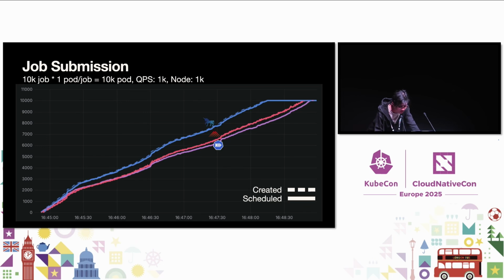I think it is related to the limit of the webhook QPS for the job, but we haven't found a way to adjust the webhook QPS for Kueue and Volcano. If you look at the time difference between the pod creation and the scheduling, you will see they are pretty similar.